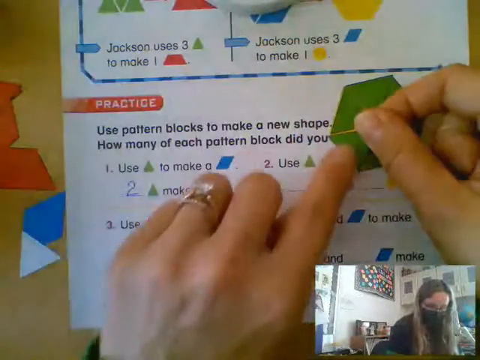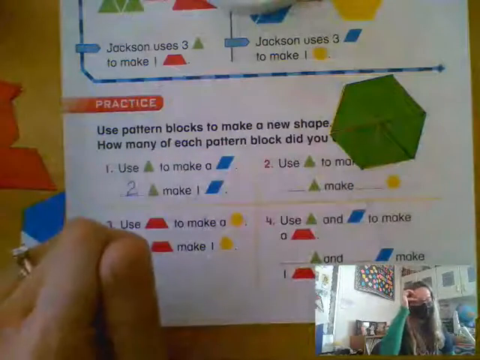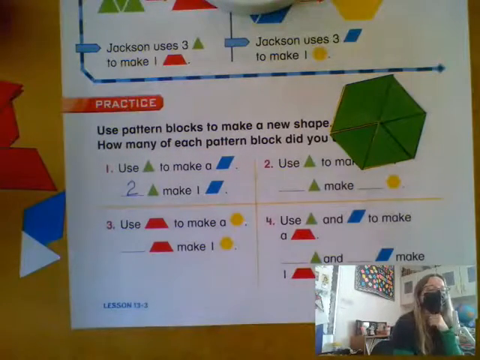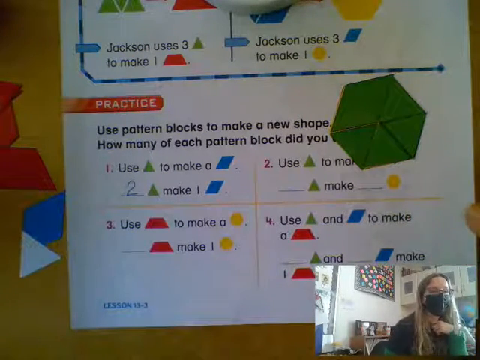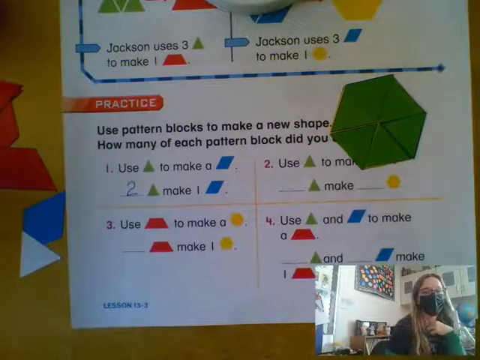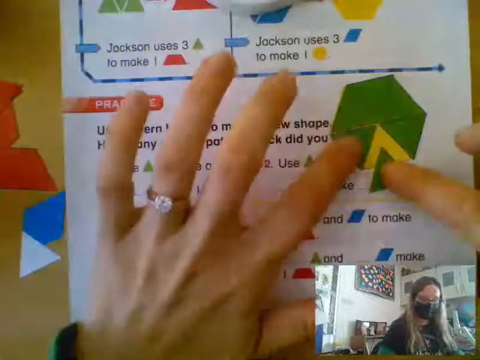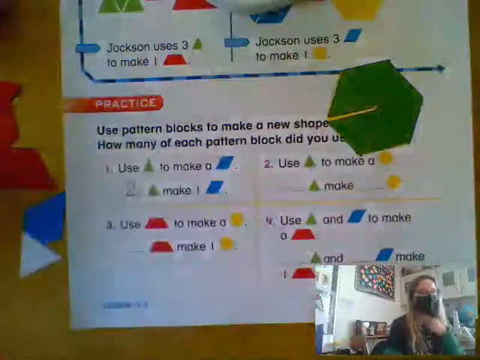See if you can figure it out. Put them right on top of it. It's easier if you put the hexagon down and then lay the triangles right on top of it. There you go. Then it's more like a puzzle. See how I did mine up here? I put them right on top of it. Makes it a little bit easier.